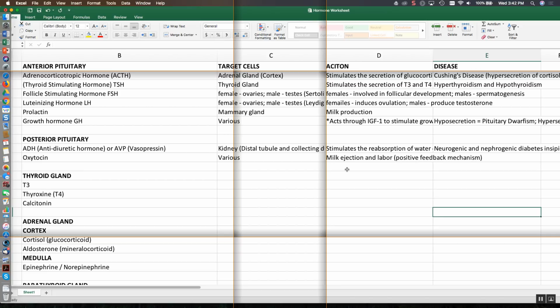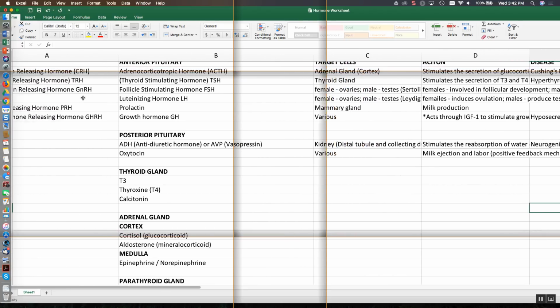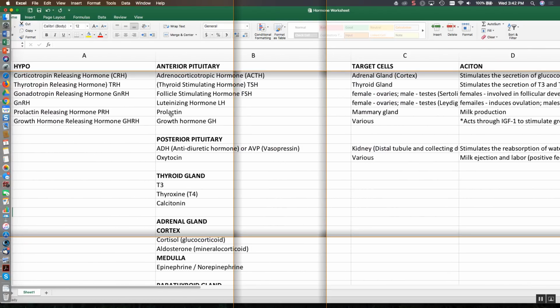So vasopressin and oxytocin would be the only ones not released if you cut neurons from the hypothalamus. So remember, it's these hormones from the hypothalamus that are responsible for secreting these particular hormones from the anterior pituitary.